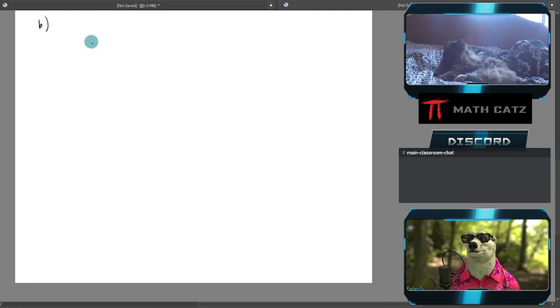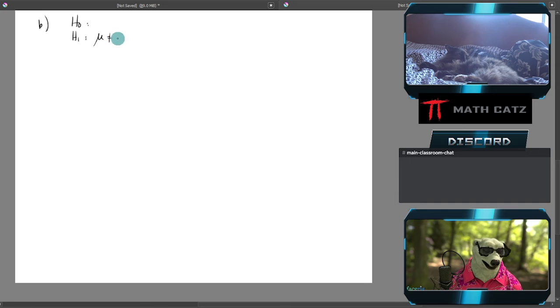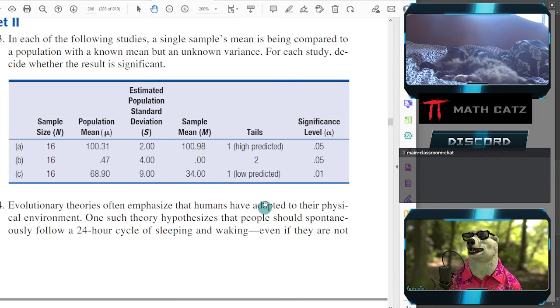So we are setting up our hypotheses. The research hypothesis that we sort of want is that there's a difference from the original mean of 0.47, and the null hypothesis is that there is no difference. This one is just different instead of an inequality because they say a two-tailed test is what we're doing.